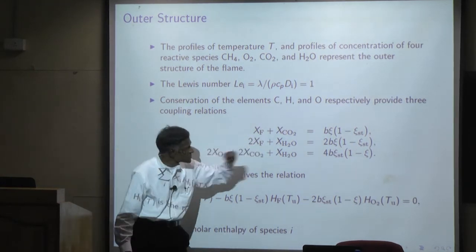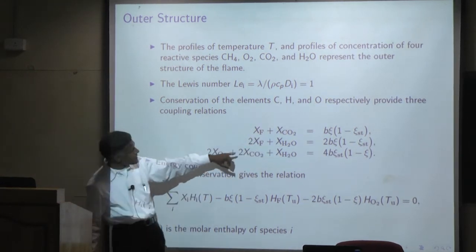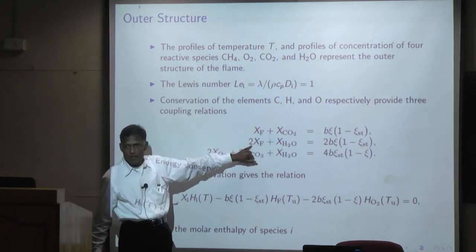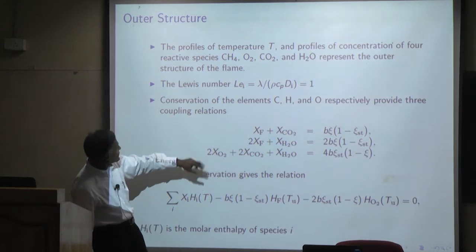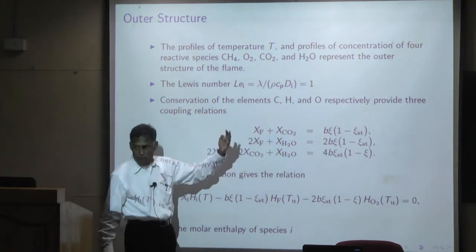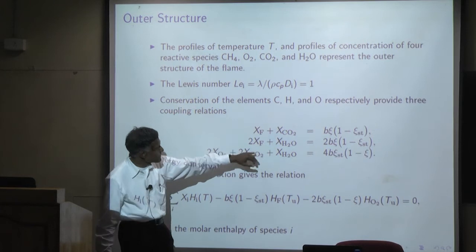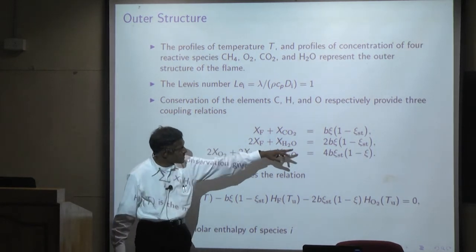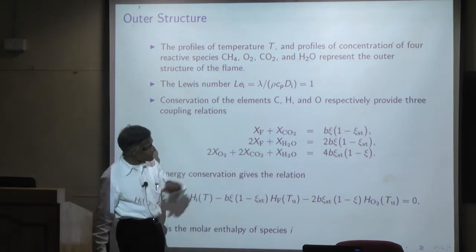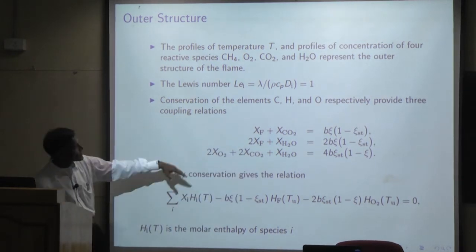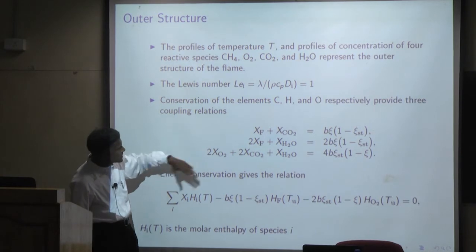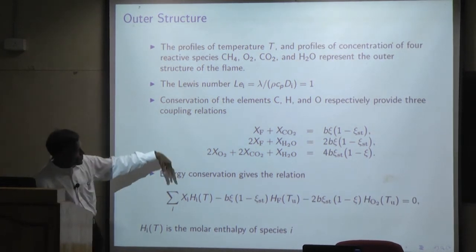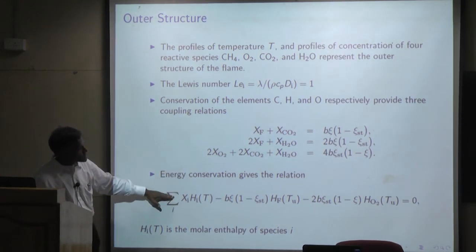So that's the conservation of the element carbon. This is the conservation of element hydrogen, because CH4 has 4 hydrogens and H2O has 2 hydrogens, so there must be a 4 over there divided by 2. This is conservation of element oxygen, and this is the energy conservation equation.